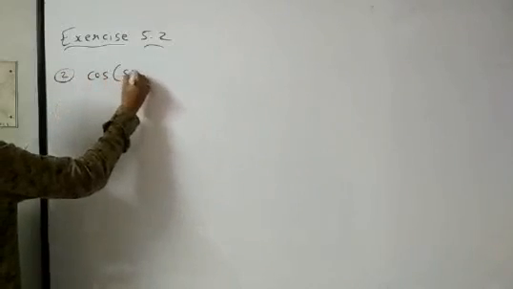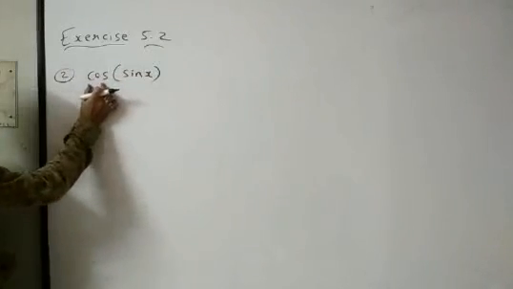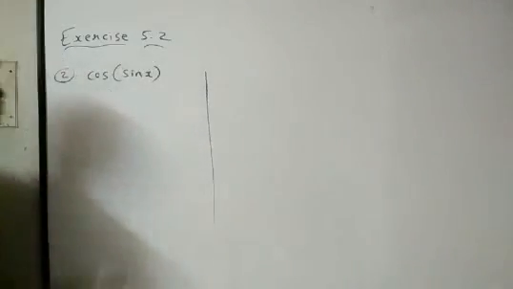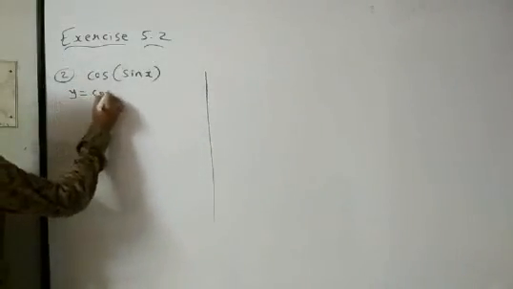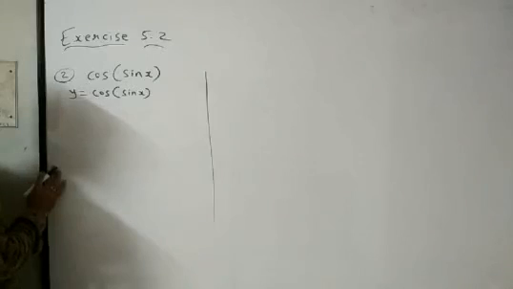Cos of sin x. This is cos and here x must be there, but here sin x is given. Right? So let y is equal to cos of sin x. Now what we want to find? We want to find dy by dx.